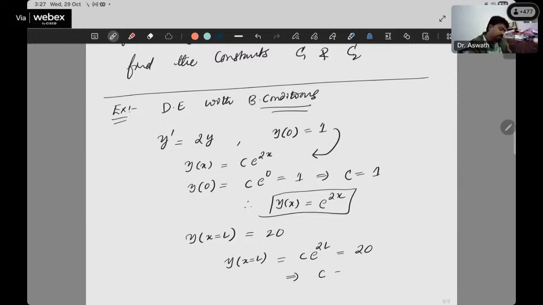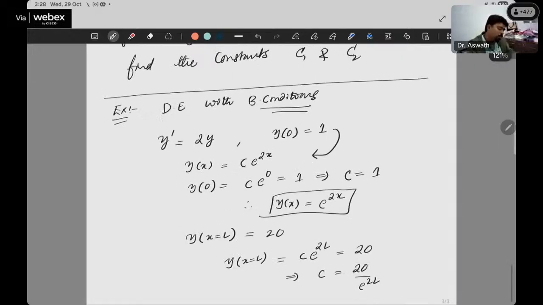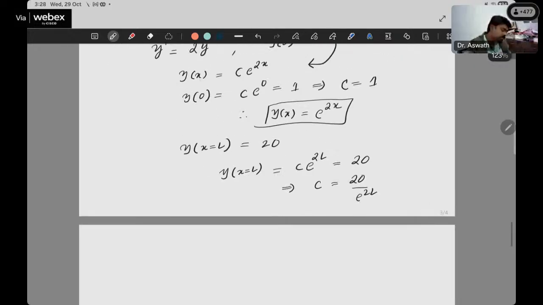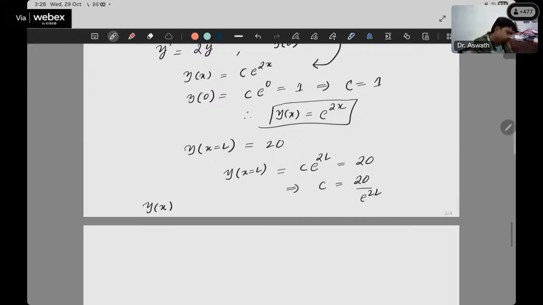Which implies, what is c? c is 20 by exponential 2L. Now, what would be my solution in this case? The solution would be y of x is equal to 20 by exponential 2L multiplied by exponential 2x. Therefore, the solution is 20 into exponential 2(x minus L).